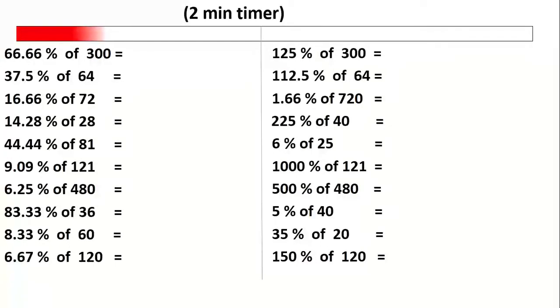So for example, 66.66 is nothing but 2 by 3. So 2 by 3 of 300 is going to be 200. 37.5 is nothing but 3 by 8 of 64. So 3 by 8 of 64 is 24.